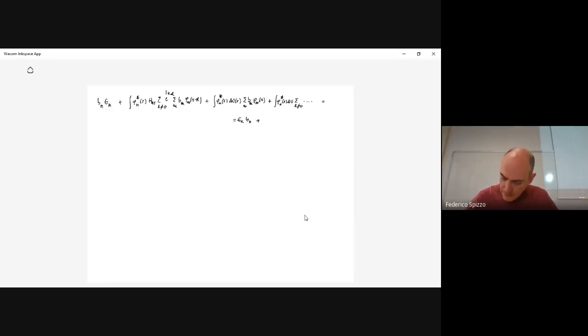And then we have E of k, and then the summation. At this point, just a comment concerning the terms that we have in this integral.